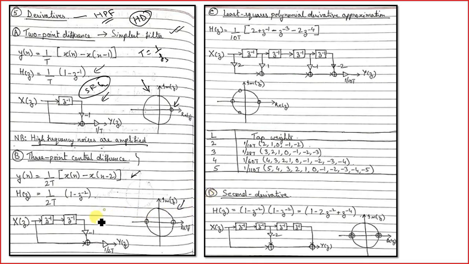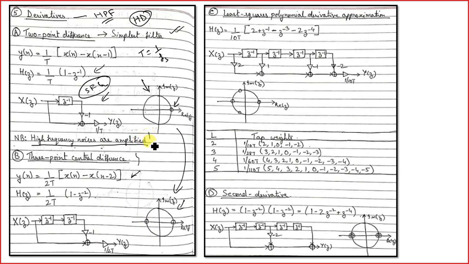Now you can see over here, in this case it is also a derivative filter. However, as compared to the previous one, here we are having a 0 at minus 1.